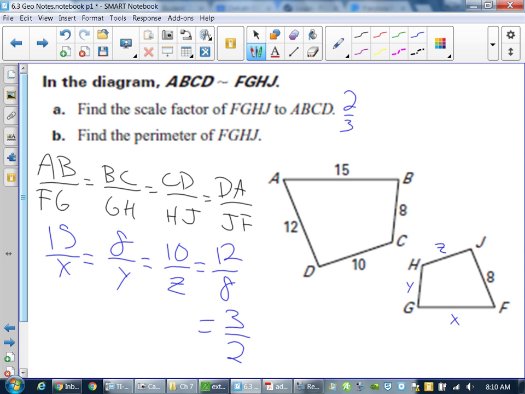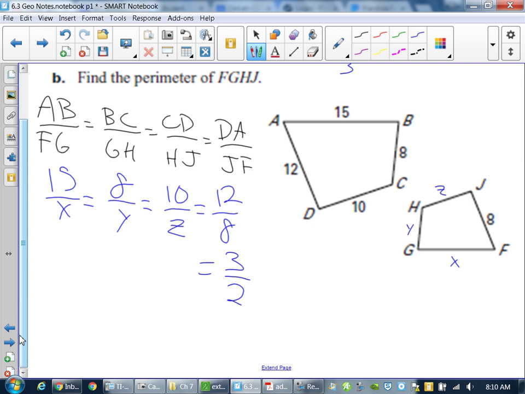Now I still have this down. Since I wrote my statement like this, I'm just going to use what I did. It's now going to ask me to figure out what the perimeter of FGHJ is. Now there's two ways of going about doing this. I could find X, Y, and Z, or remember, perimeters have the same ratios.